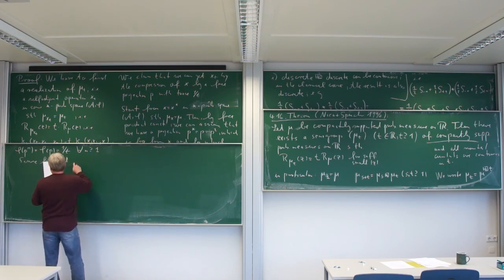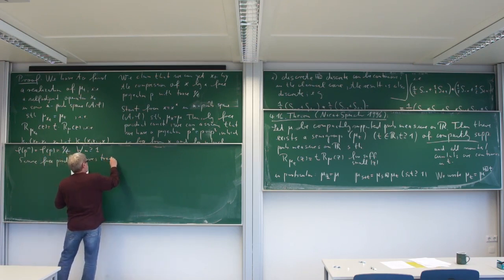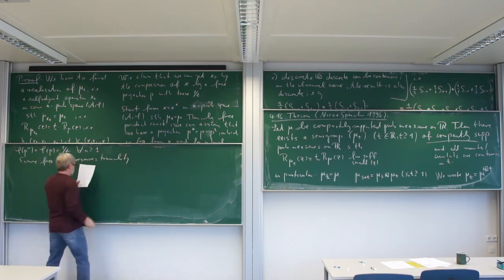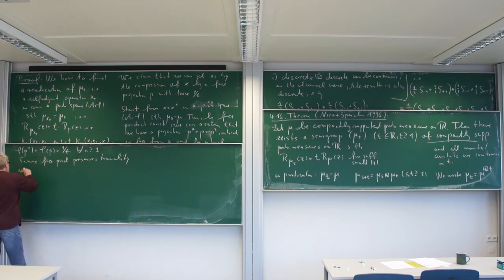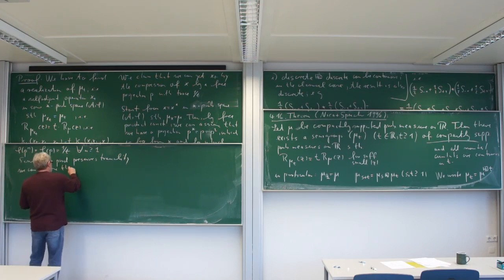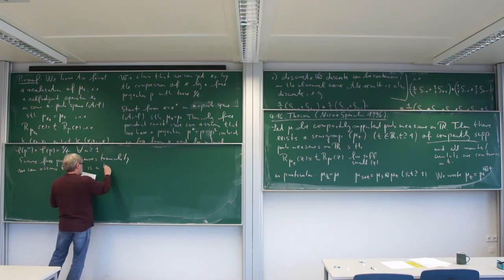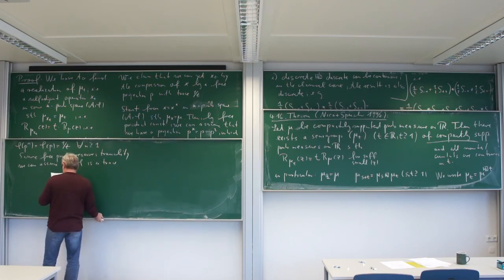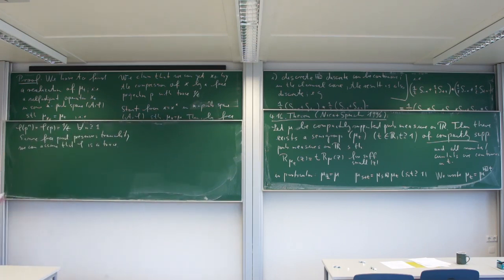So since the free product preserves the tracial property, we can assume that phi is a trace.